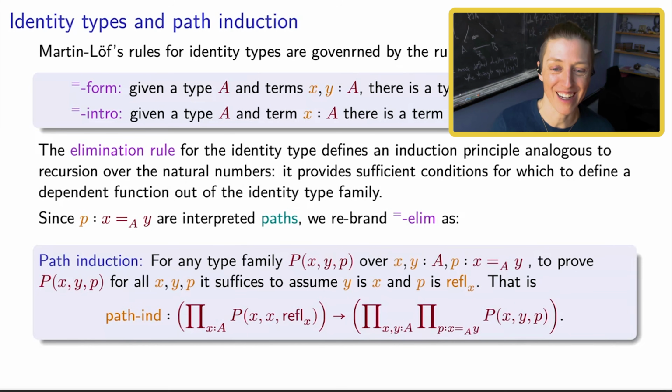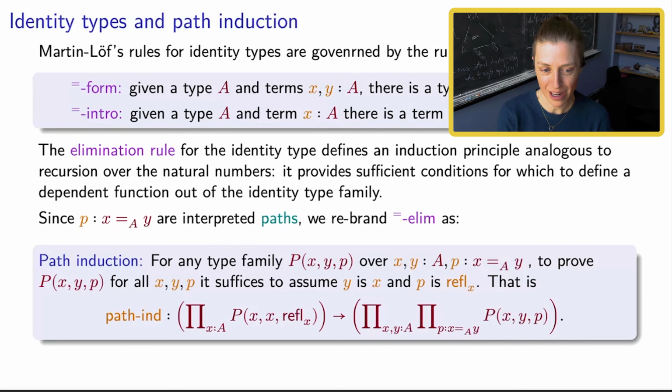We don't have time to get into that, so I'm just going to introduce this out of nowhere. The induction principle, this is the elimination rule, is something that we're going to call path induction, because we think of a term p in the identity type x equals y as a path.